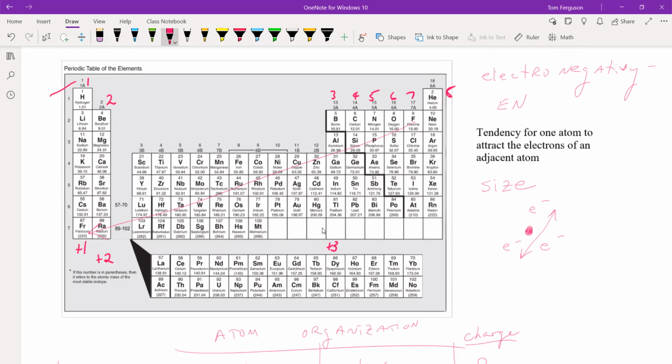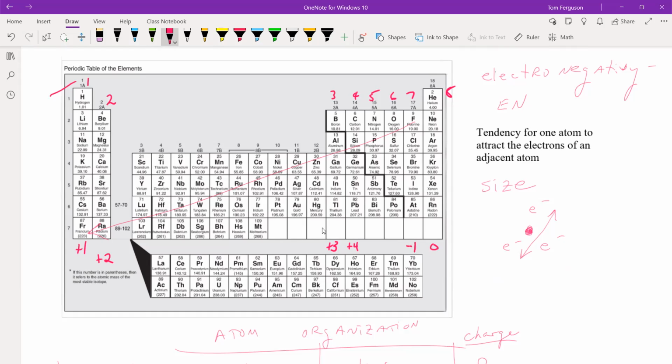What would you predict for the next one over? +4. Well, let's jump over to the noble gases. What kind of an ion do you think they form? Because they're neutral and they're inert, that means they don't form an ion. Okay, going from right to left, the halogens like to form a -1.